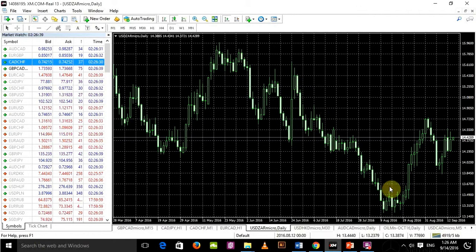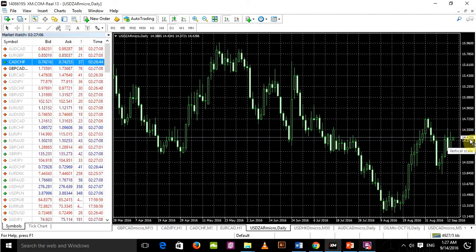You've got these prices from March 2016 to 12 September 2016. In fact, to today's date, that is, if we check on my computer screen, the 14th of October 2016. But right there at the end of the chart, you've got 14.4.